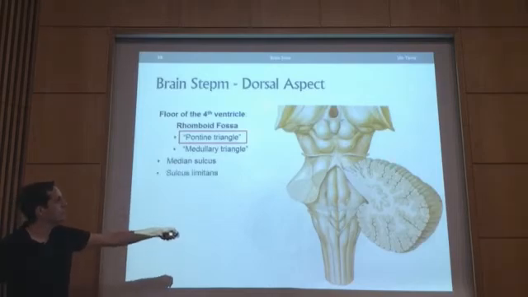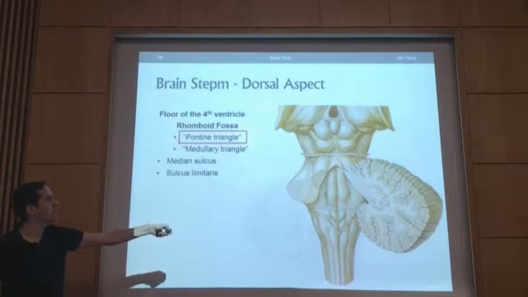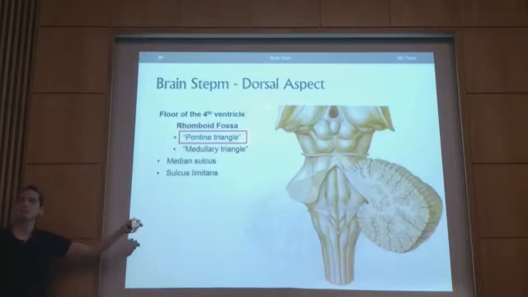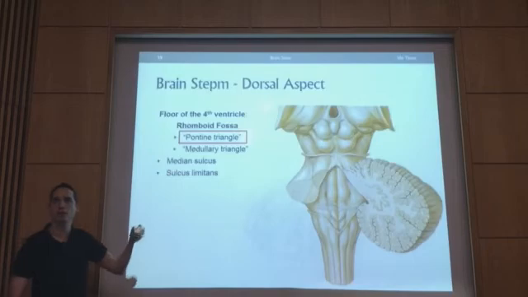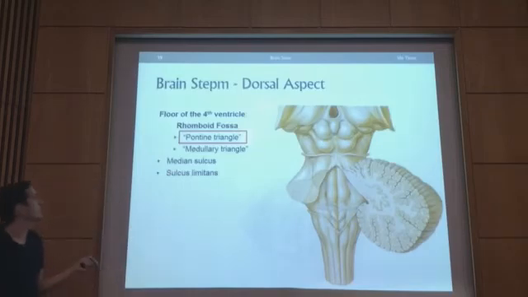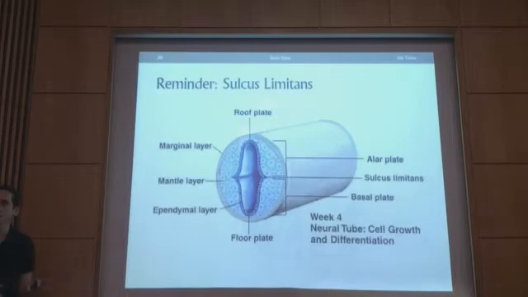And we also see a sulcus in here that is called sulcus limitans. Okay, so median sulcus and sulcus limitans. Did you meet this term when we talked about embryology? Sulcus limitans. Yeah, so I'll just give a short reminder.